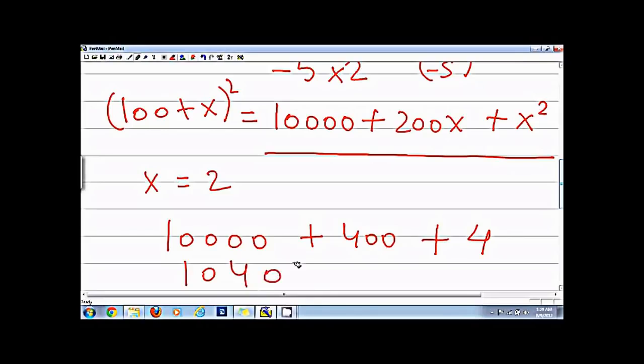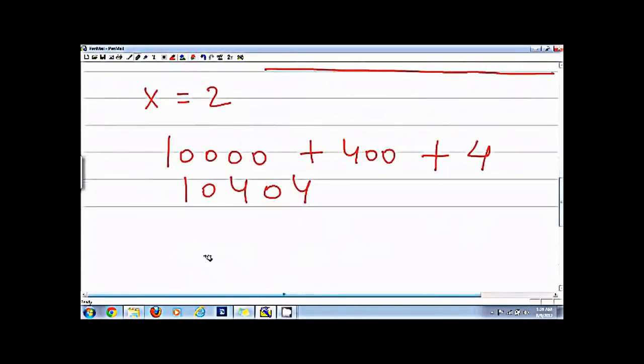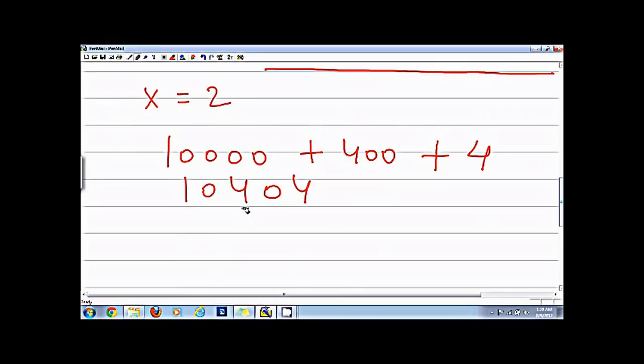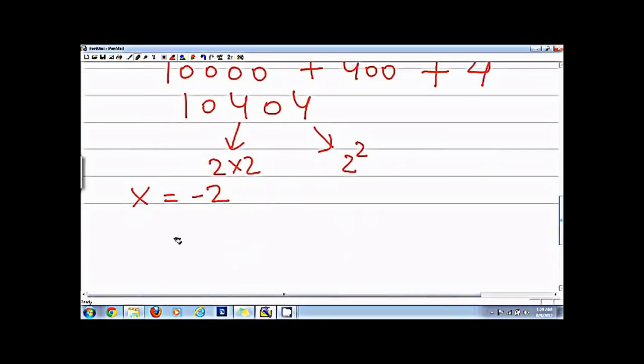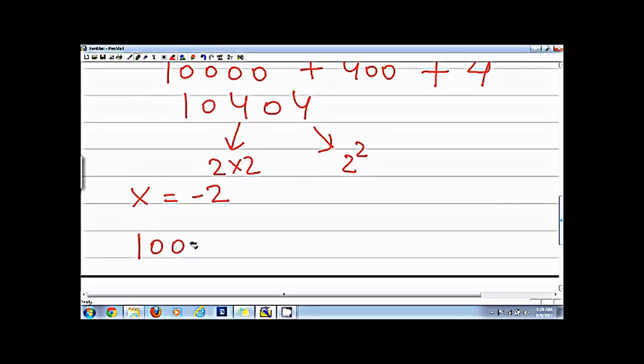If you look carefully, this is the same as the trick. So 4 is equal to 2 into 2, and this 4 is equal to 2 square. The same way I told you the trick. Similarly, if x is equal to minus 2, in this case it will be 10000 minus 400 plus 4.